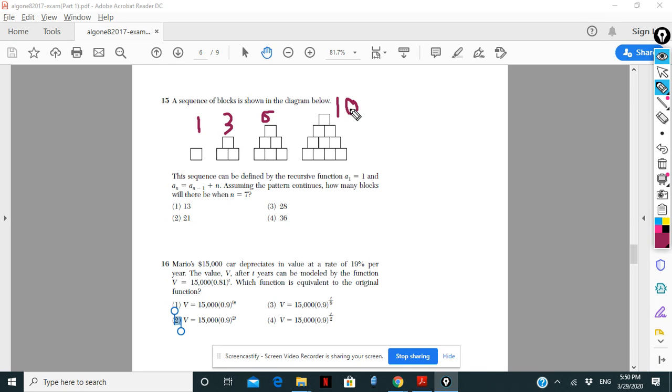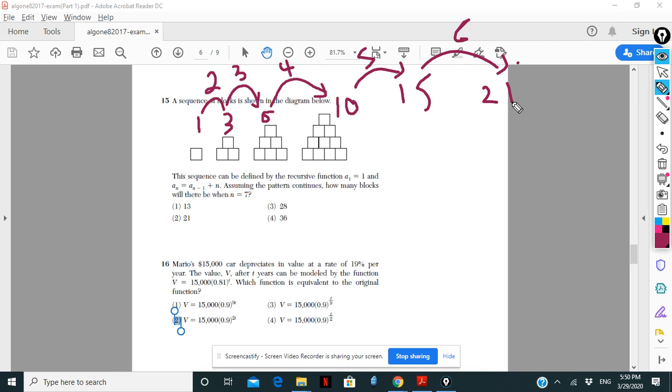When n is 7 means now I'm adding, so here I add 2, here I add 3, here I add 4, so later I have to add 5, 6, 7.